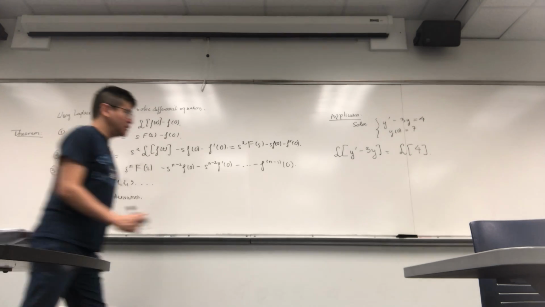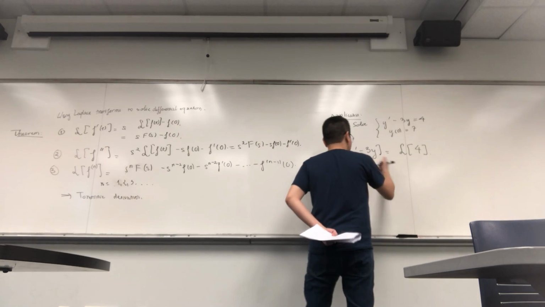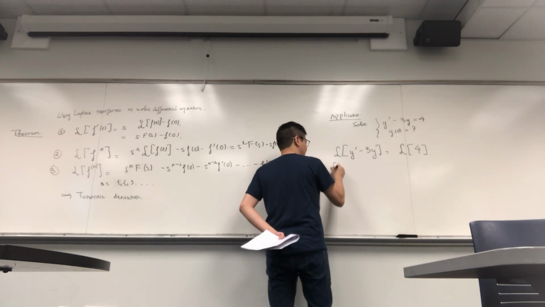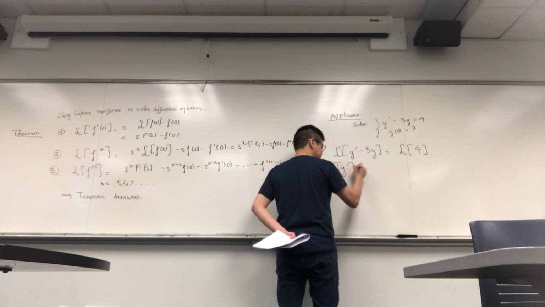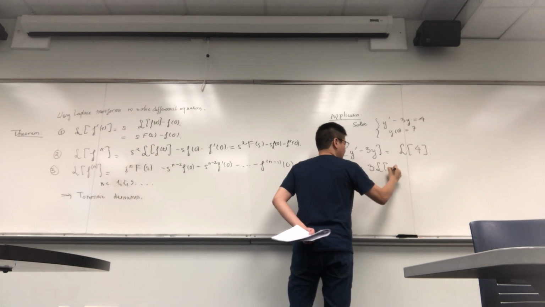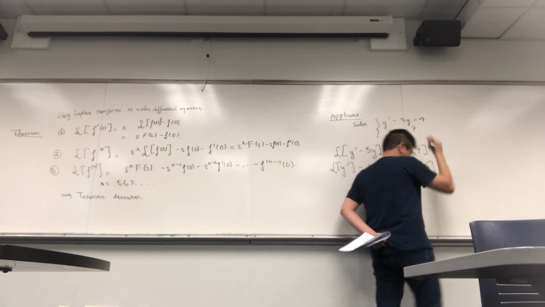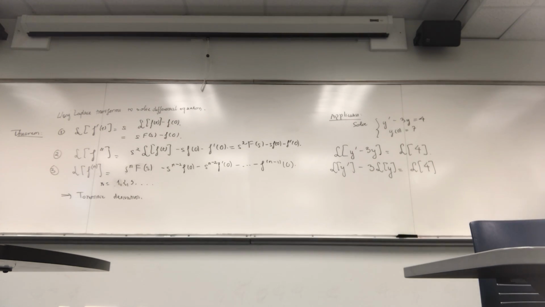Is it clear? Now, I Laplace transform both sides, and I have the Laplace transform of y prime minus 3y is the Laplace transform of 4. So the Laplace transform of y prime minus 3 times the Laplace transform of y is going to be the Laplace transform of 4. Alright? Is it clear?